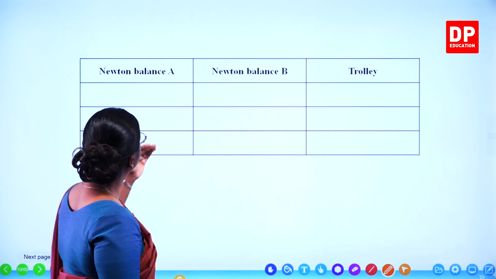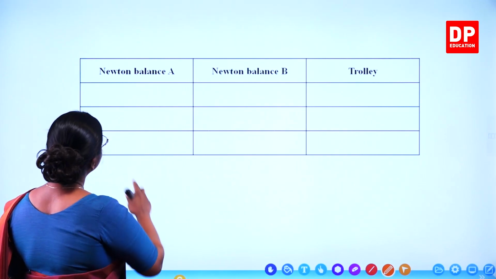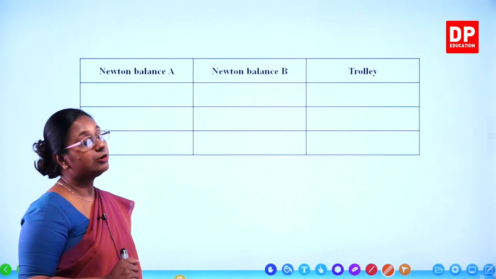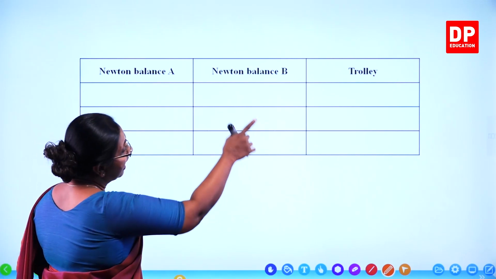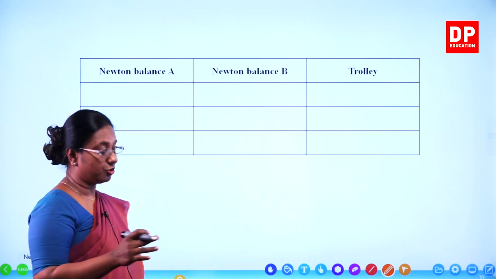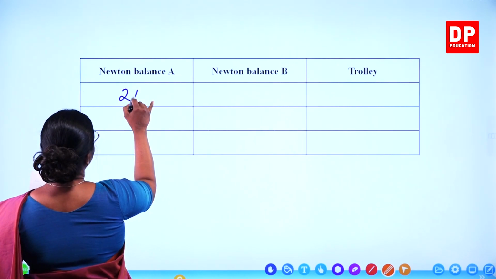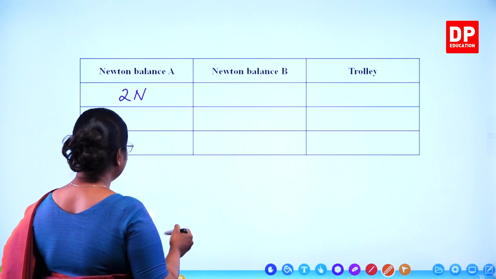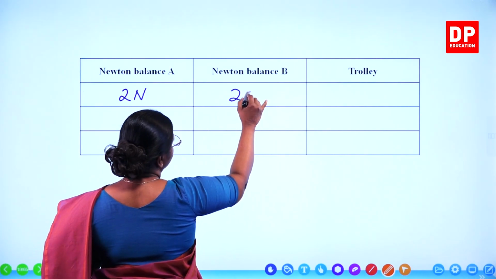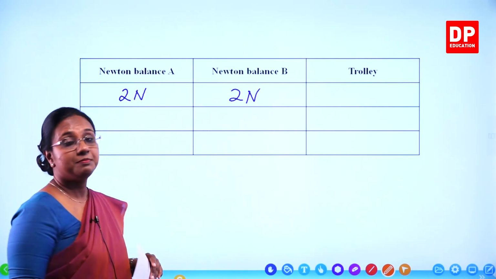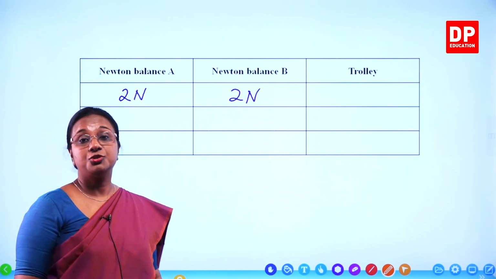So now I will write down the observations, Newton balance A and Newton balance B readings, and you all know what happened to the trolley. So here I applied 2 Newton force to Newton balance A, at the same time 2 Newton force to Newton balance B. What happened to the trolley?